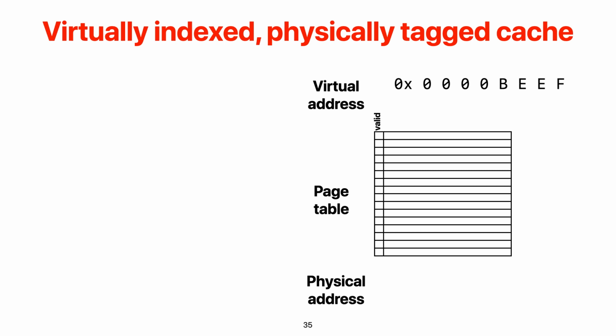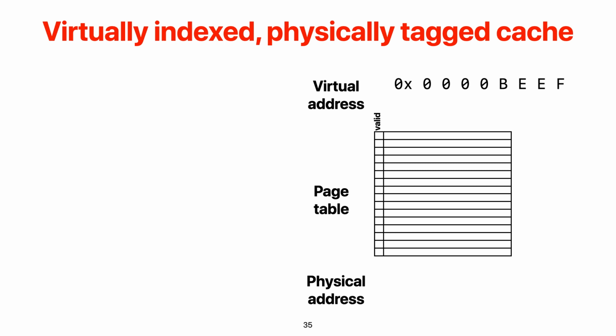So the basic idea of the virtually indexed, physically tagged cache is that we use part of the virtual address as the index to access the cache. However, the tags of the cache blocks stored in the cache are from physical addresses.